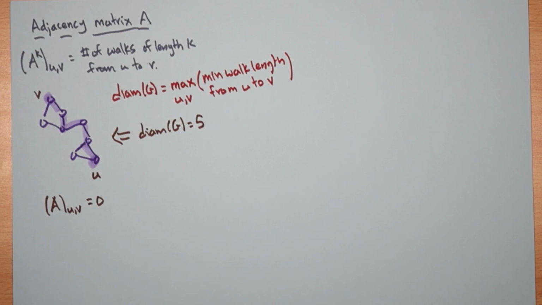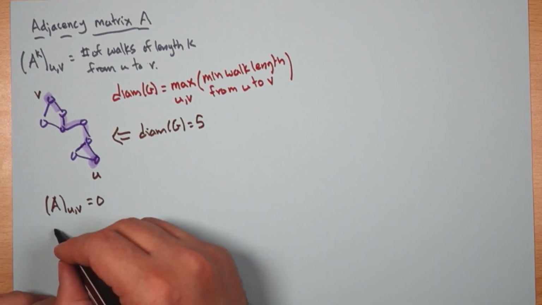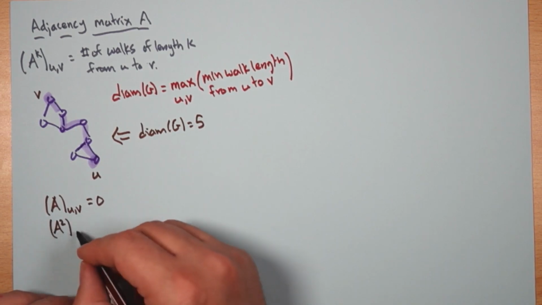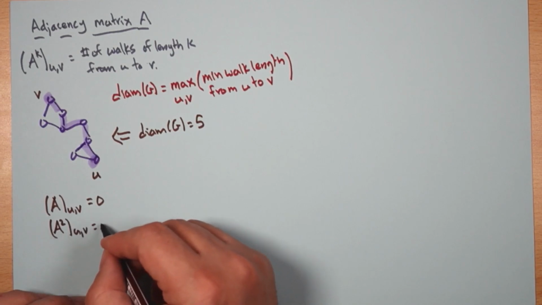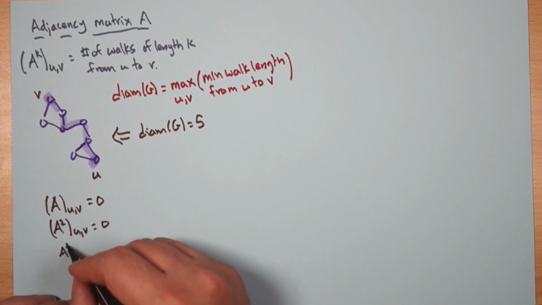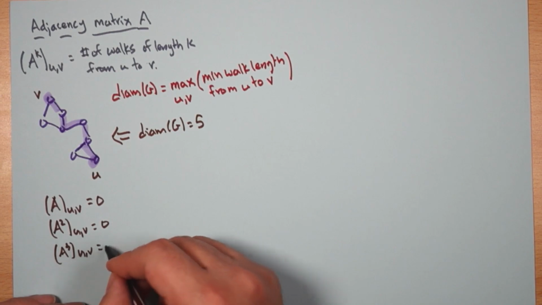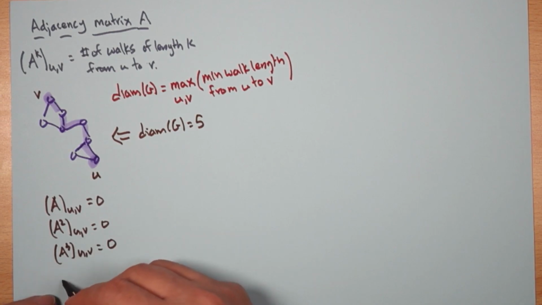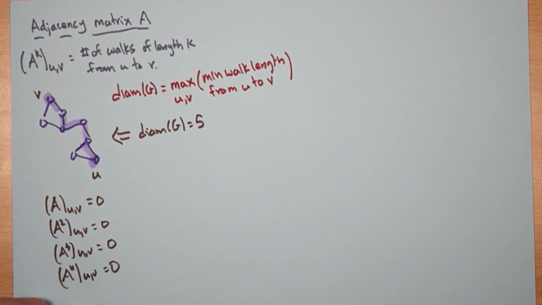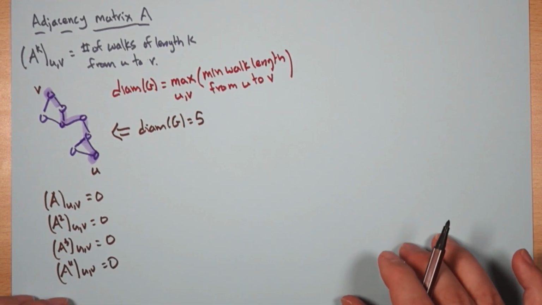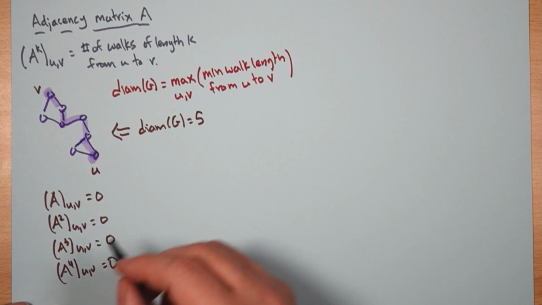They're not connected, no surprise. A squared at uv is 0. A cubed at uv is 0. A to the 4th at uv is 0. I see a definite pattern emerging here.